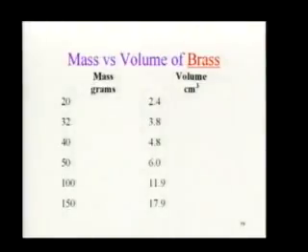I can calculate the volume very easily. Say I have different cubes of brass. And I have a 2.4 cubic centimeter size of a block. I mass it. It weighs 20 grams. I get a bigger hunk of this same sample of brass, and it's compressed into a 3.8 cubic centimeter block. I find that it weighs 32 grams, and so on and so forth.